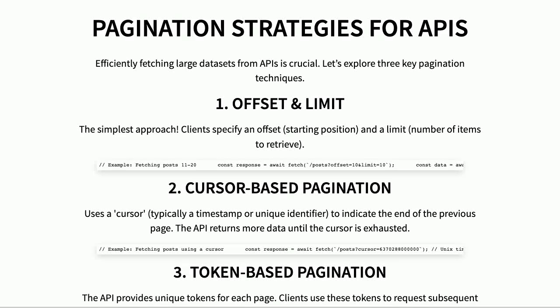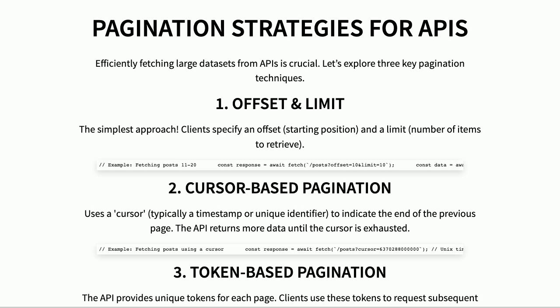Okay, let's talk about how to handle those massive data sets you sometimes get when working with APIs. When an API returns a huge amount of information, like, say, hundreds or thousands of posts, you can't just load everything at once. That's where pagination comes in. We're going to cover three really common and effective techniques. First up is offset and limit. This is probably the easiest to understand.